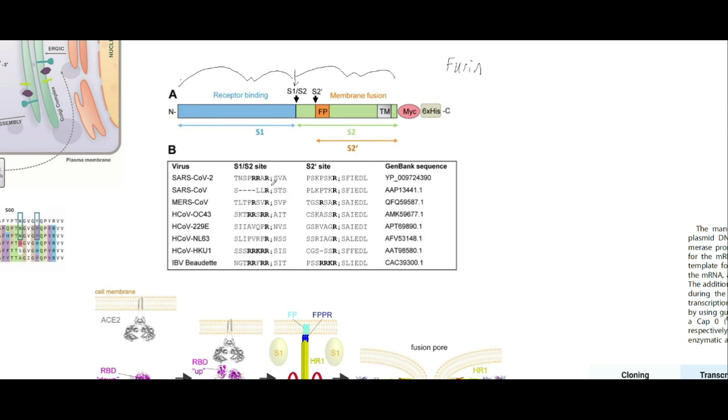And what we should notice is this has highlighted these R's, which are arginines, an amino acid residue in the protein. And these are positively charged amino acid residues. K, which is lysine, is also a positively charged amino acid. And so this positively charged site here is where the cleavage is occurring in the spike protein.